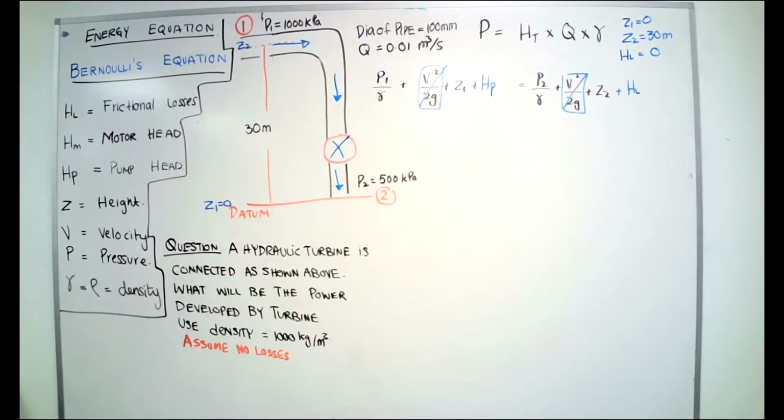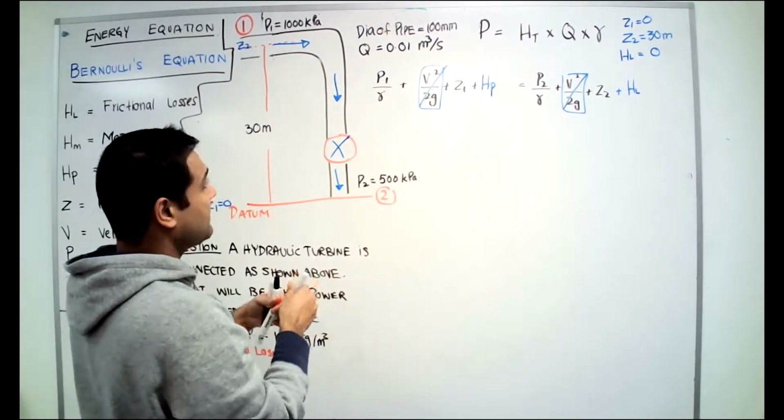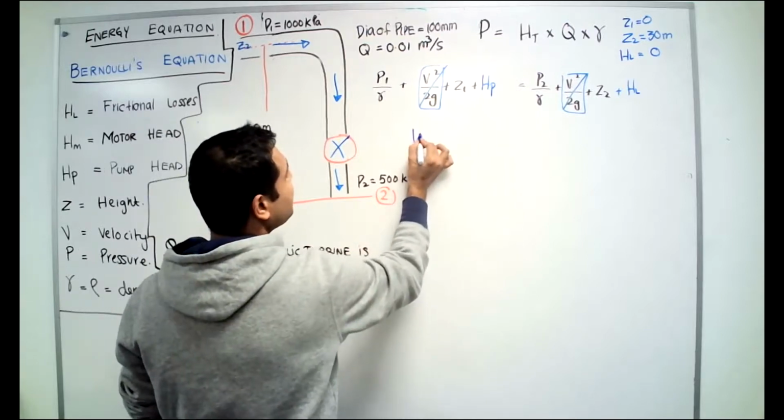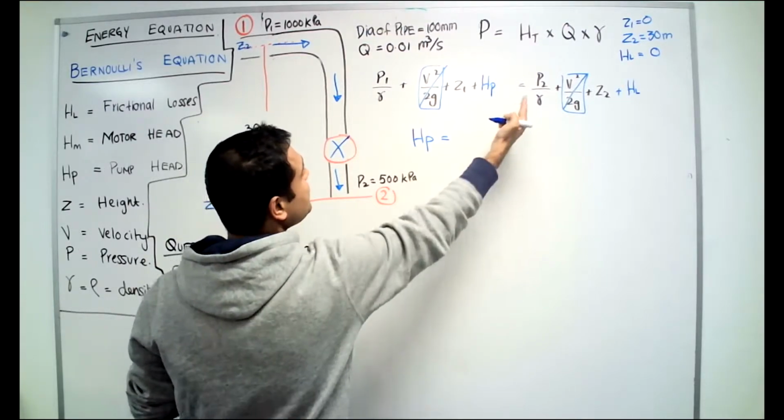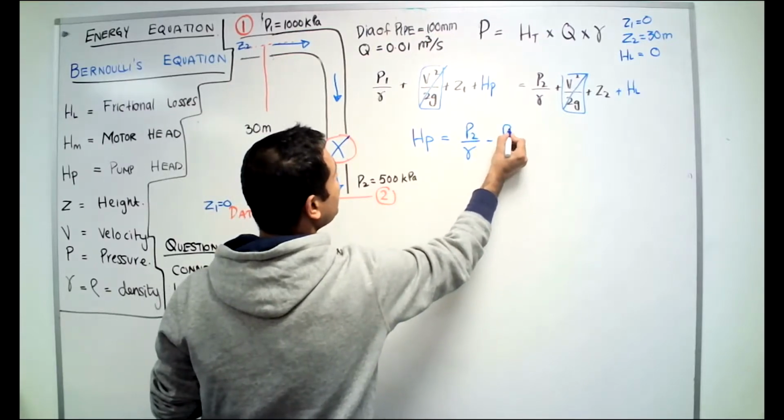Now the HP is what we're actually trying to work out. We will arrange the equation and make the HP the subject. To make the HP the subject, let's rearrange the equation. The HP equals P2 minus P1.